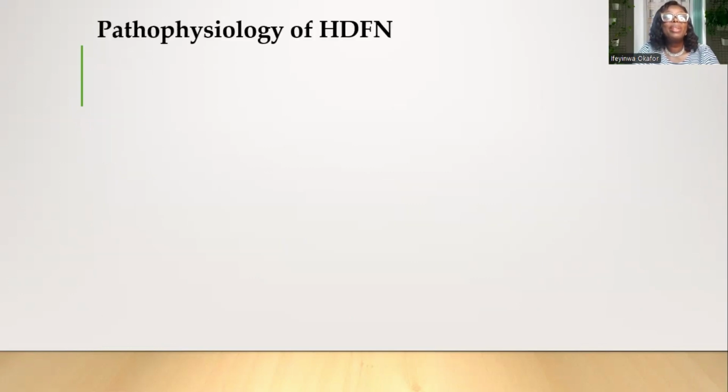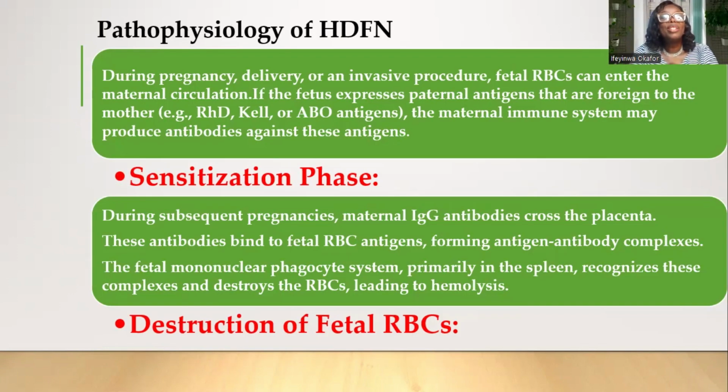Now, let us look at the pathophysiology of hemolytic disease of the fetus and the newborn. The two phases are the sensitization phase, and the next phase is the destruction of fetal red blood cells. The sensitization phase is the first phase, and the second phase is the actual destruction of the fetal red blood cells.